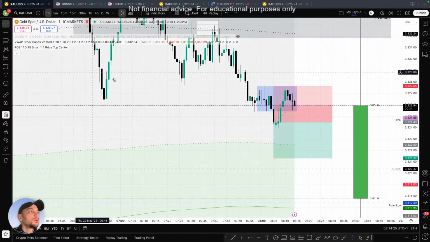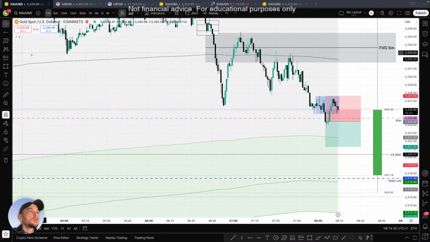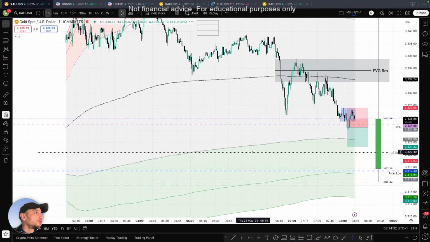Where we are on the view up? Yeah, we're just below. Now, shorts, I think in general, good idea.